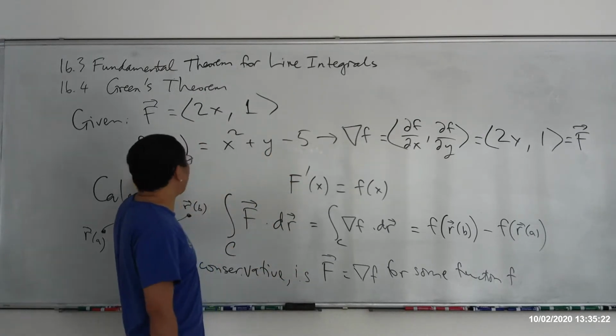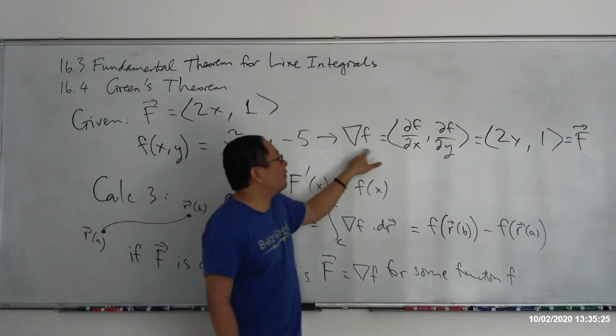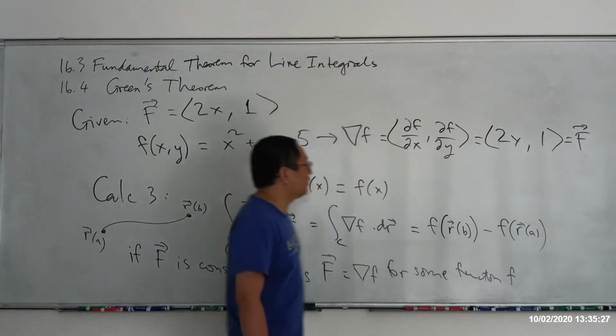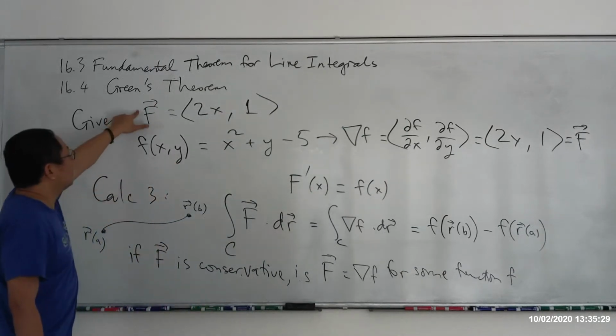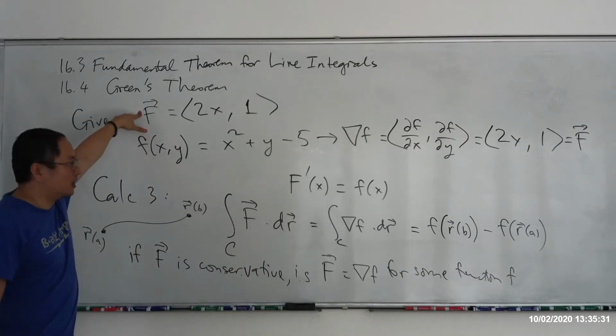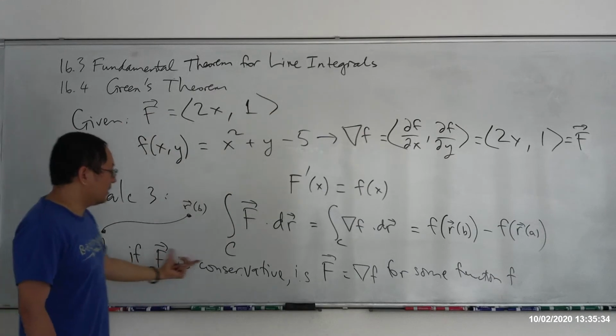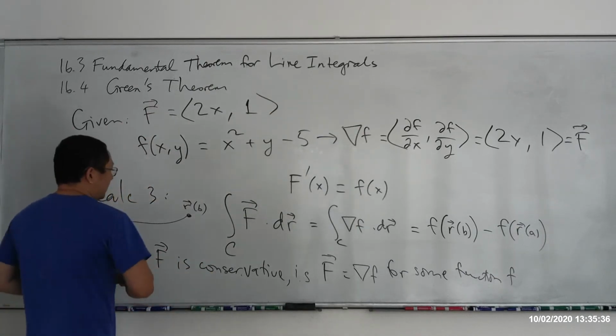I can at least find a function f such that the gradient of that function really equals the vector function. Then I am safe to say that this vector field is conservative. And if it's conservative, then this happens.